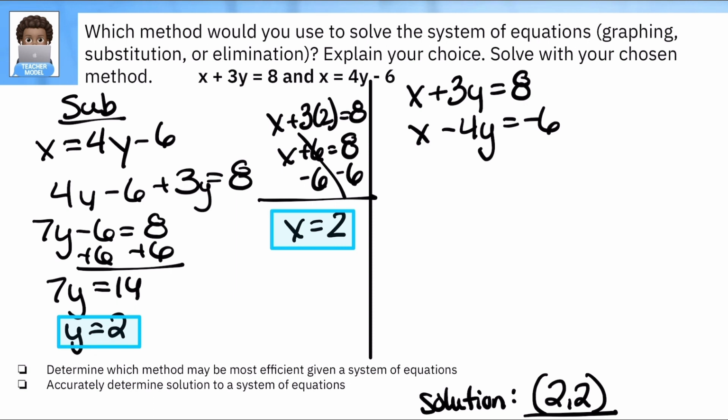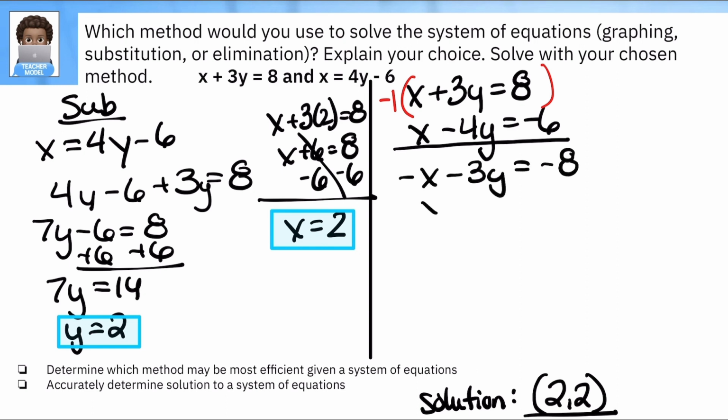All right, now I can do this part of work, but notice I don't have any 0 pairs. So again, elimination, not the easiest one to use. I do see x and x, so I'm just going to multiply 1 by negative 1. That's it. So now I have negative x minus 3y equals negative 8.